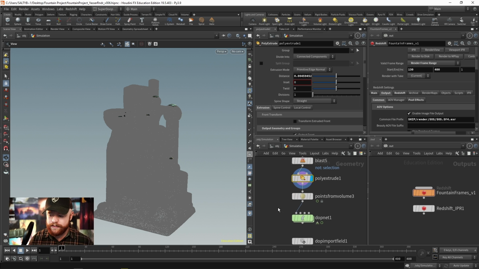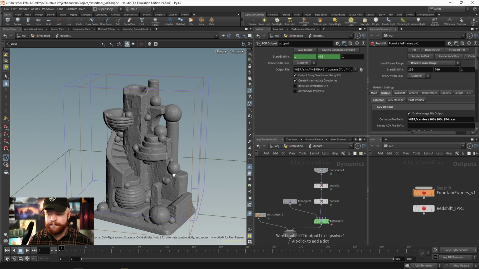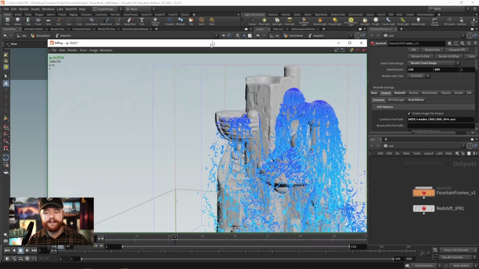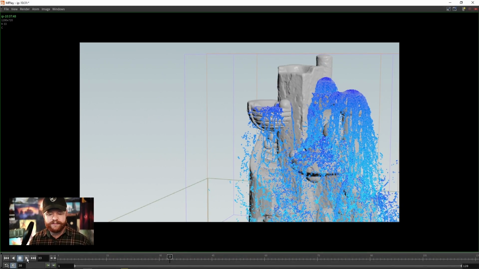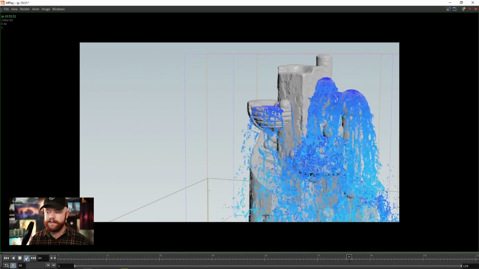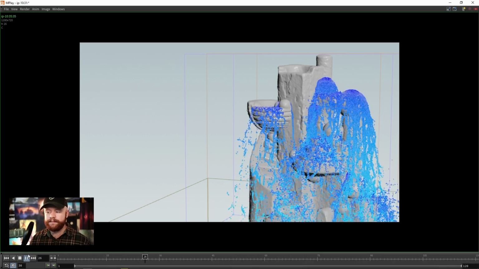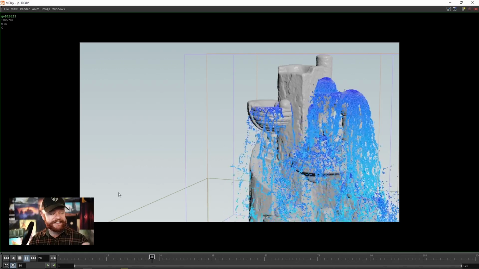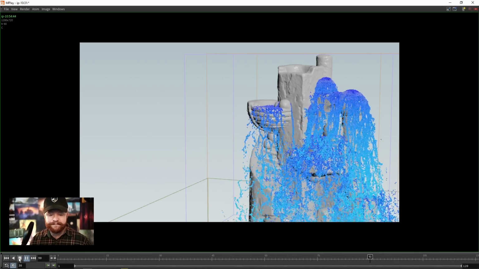So we do that, we bring it into a DOP simulation right here. And if I was to do a playblast without doing anything special or fancy, just the default settings, we end up with something like this. So the problem, as you can imagine, is that we don't actually have these particles sticking to the surface, right?